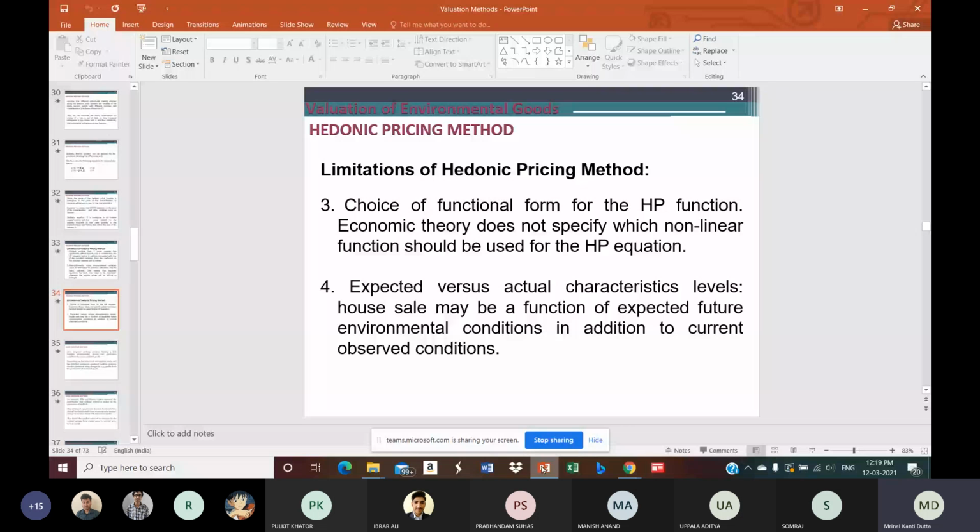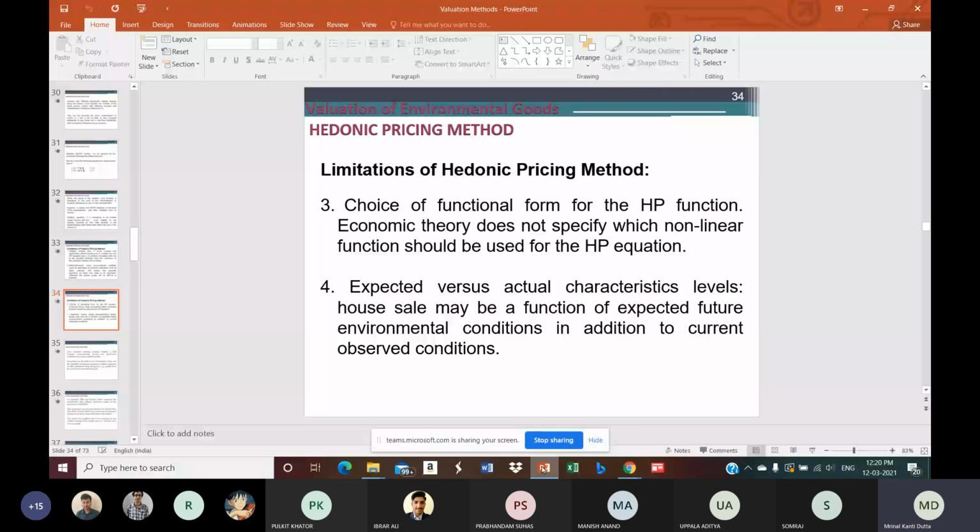The future environmental quality will deteriorate, and accordingly the expectation about housing prices in the future will be quite different from now. So expectation has a role to play over there.